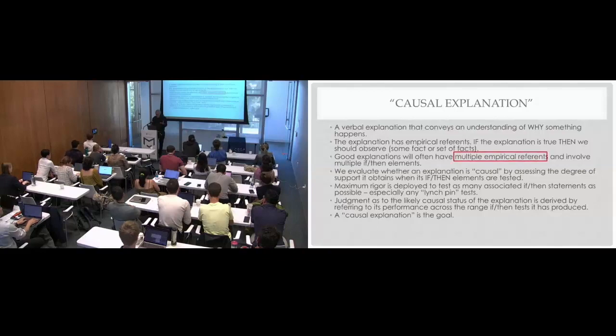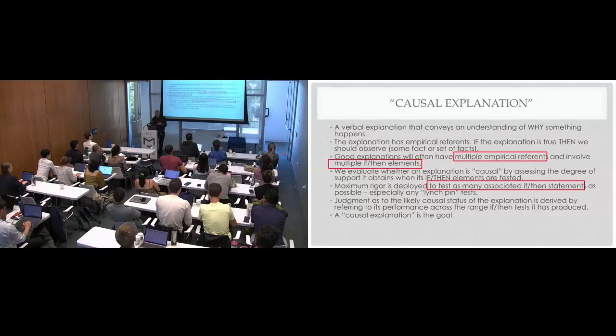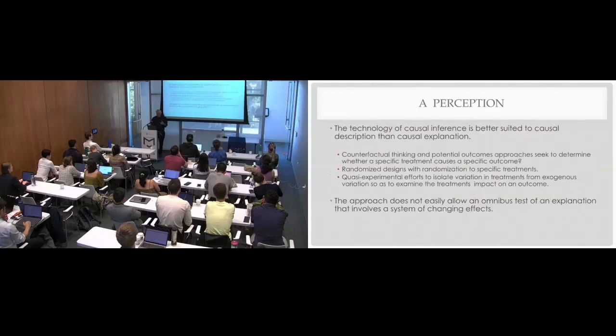So I just point to a few things in there: multiple empirical reference, multiple if-then elements, to test as many associated if-then statements as possible, and performance across all of them is what you need to tell yourself whether your causal explanation is any good or not. Okay, so I have this perception that the technology of causal inference is better suited to causal description than causal explanation.